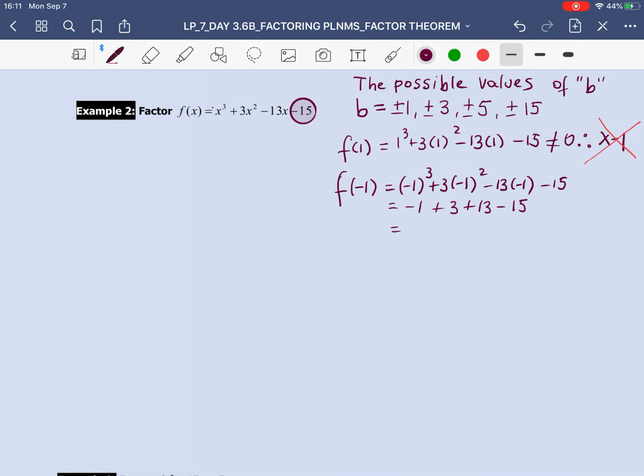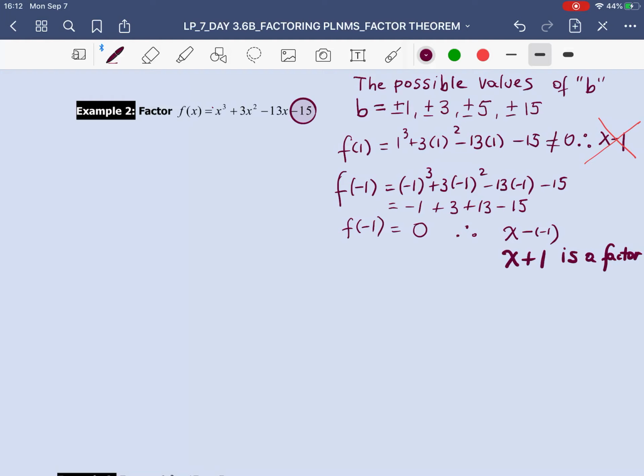So that's 16 plus negative 16, 0. So we're going to say since the value of the function at negative 1 is 0, then x minus negative 1, which is basically x plus 1, is a factor.